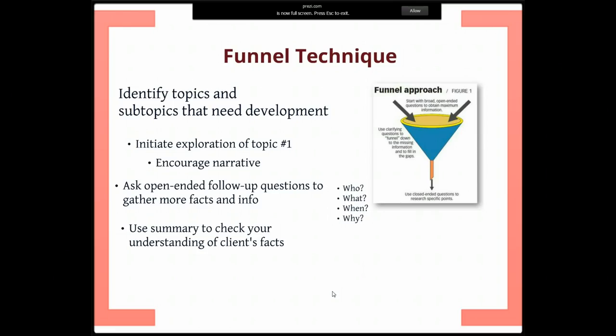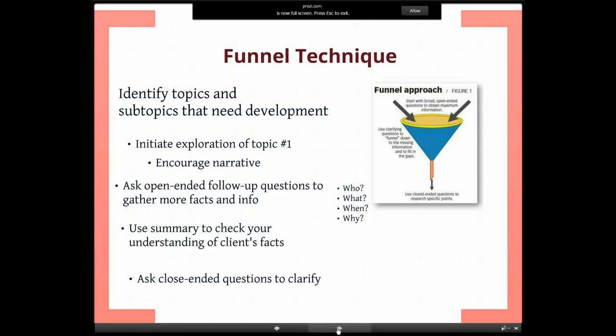So you can say, so you told me that you first noticed the driver doing blah blah blah. So what you're doing is basically mirroring back what they've told you, but you're just trying to make sure that you've heard it correctly. And then after that, you can ask those close-ended questions to clarify. And by that I mean you can say, well, did he have a red shirt on?